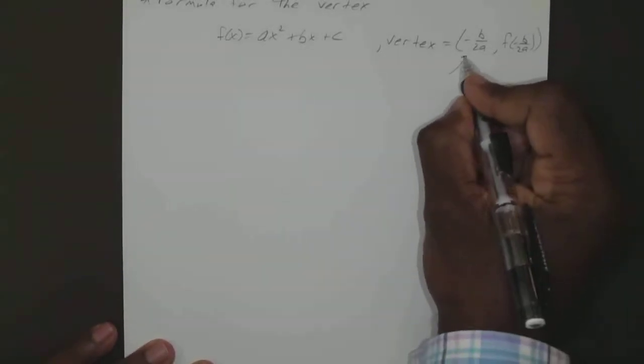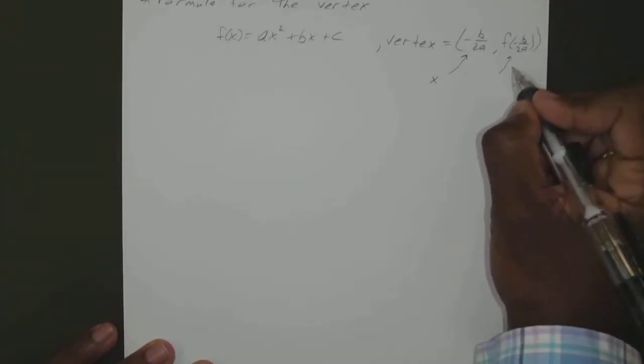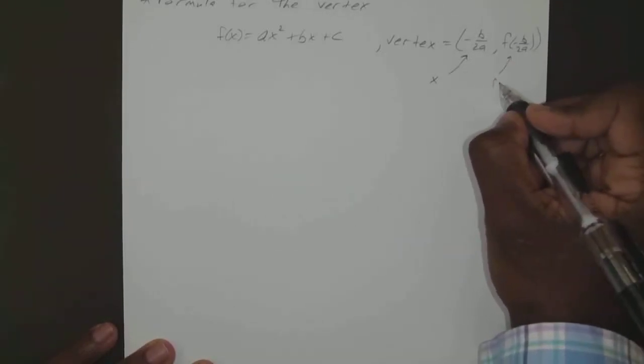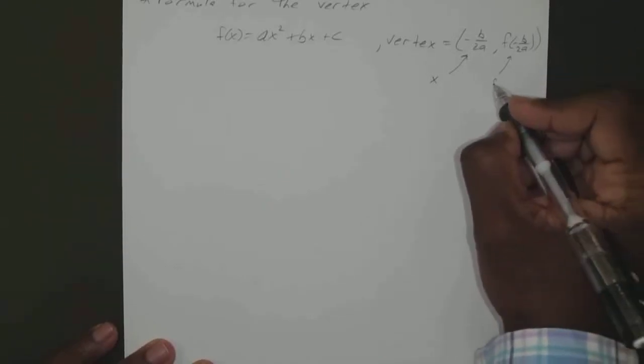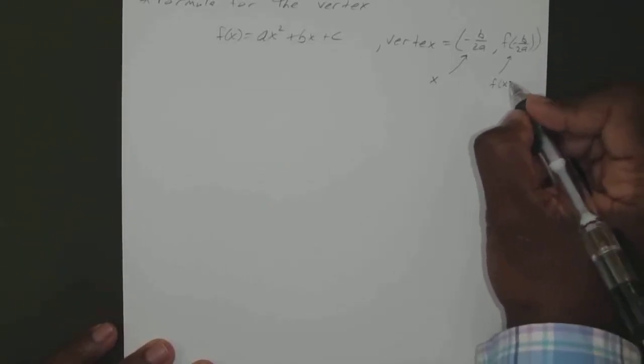Okay, so in other words, this would be your x, and this is your y, or your f of x.